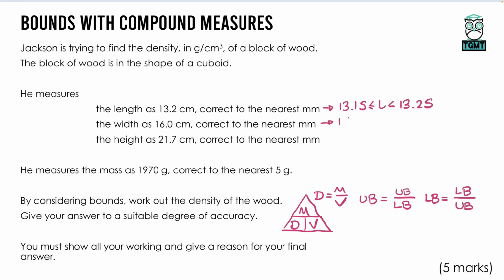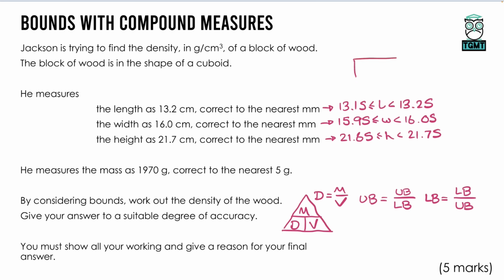Now that's going to go down to 15.95, and that is the width, and that'll be 16.05. For the height, we have 21.7, so 21.65, that's the height, and 21.75. So there are the error intervals for each of the lengths of the cuboid.